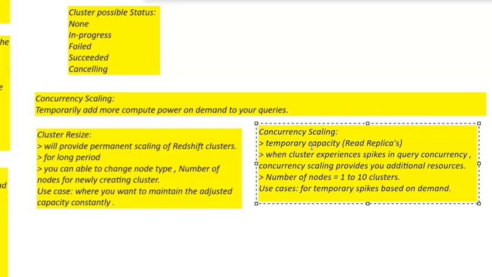During those days, like festival days, your same cluster will become a superhero by using concurrency scaling, since it provides more compute power based on the demand from the queries. It provides however much compute power you require.